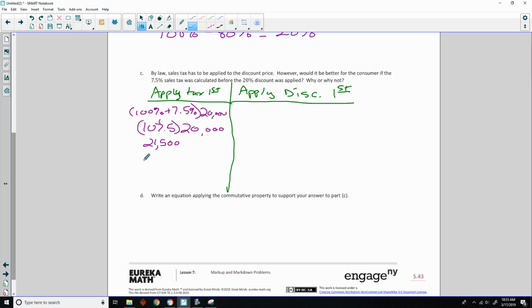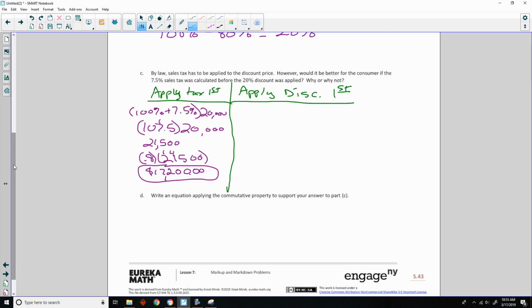So 0.8 times $21,500: 5 times 8 is 40, 8 times 1 is 8, plus 4 is 12, 8 times 2 is 16, plus 1 is 17. Then we're going to pay $17,200 for the car if we apply the tax first.